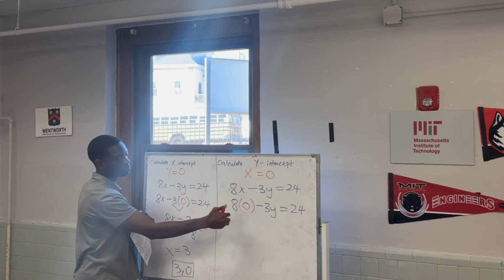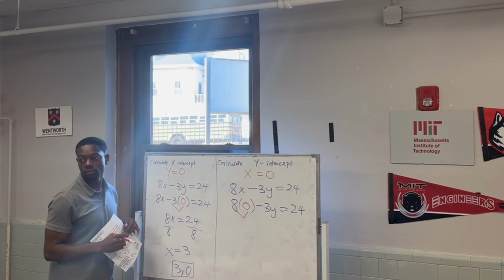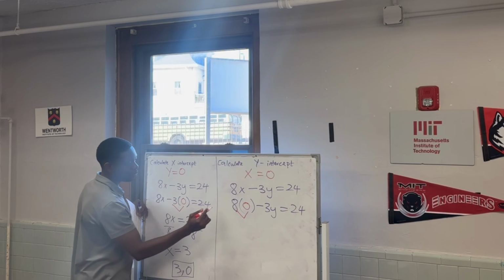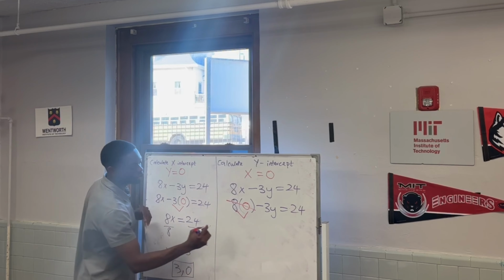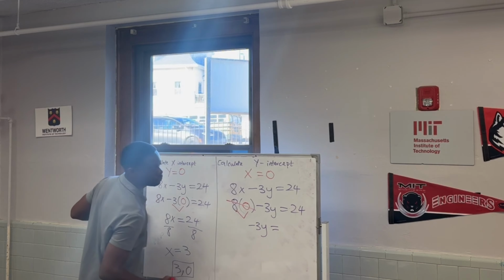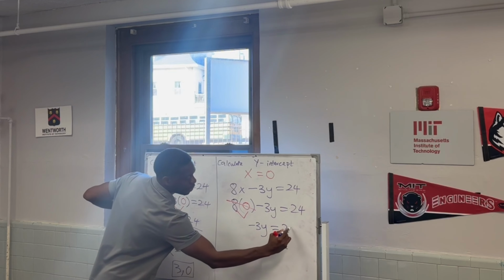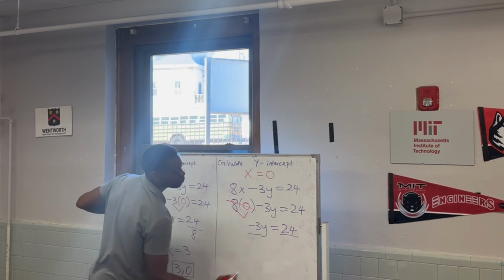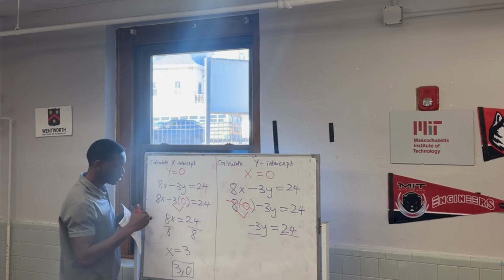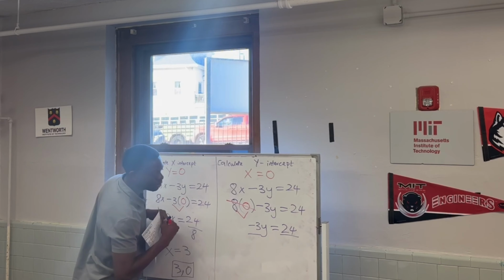What happens here with these two numbers? Which would be what? 0, right? It cancels out. I don't have to rewrite it. Now I drop down my negative 3y equals what? 24. And then I divide, what am I dividing by? Negative 3, right?